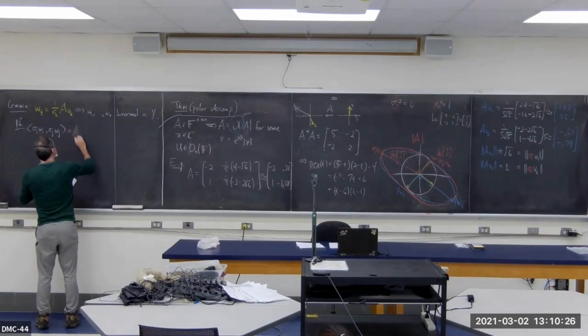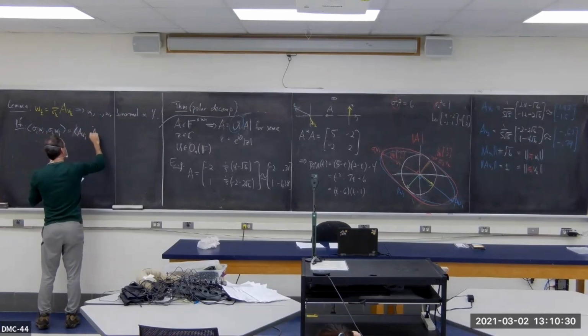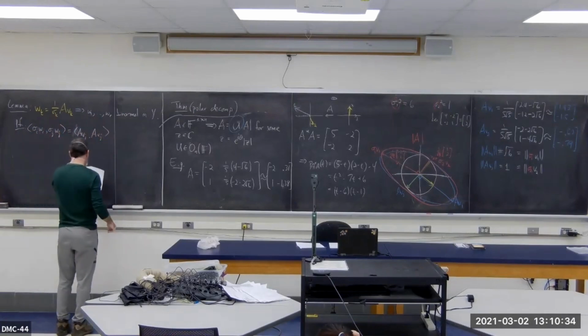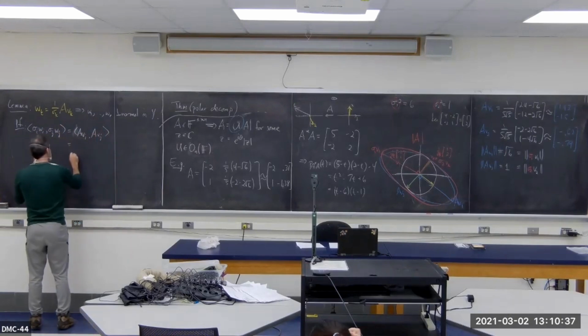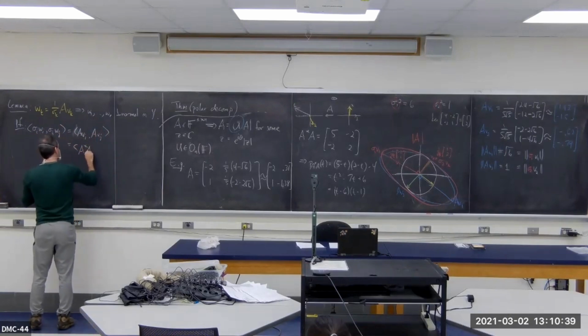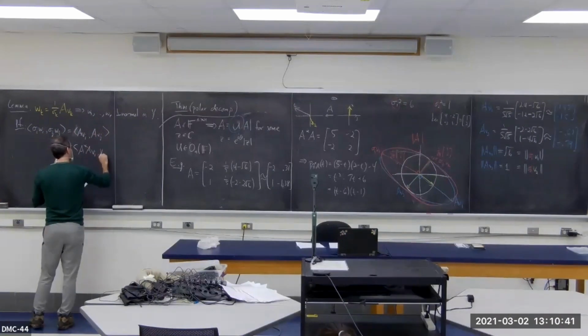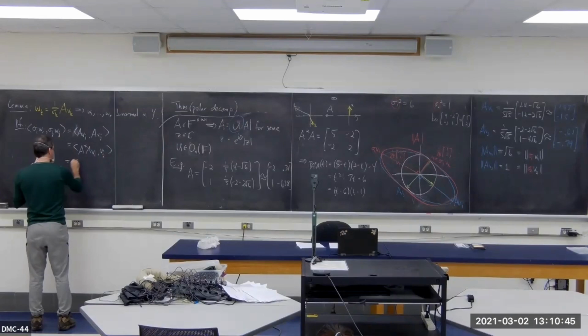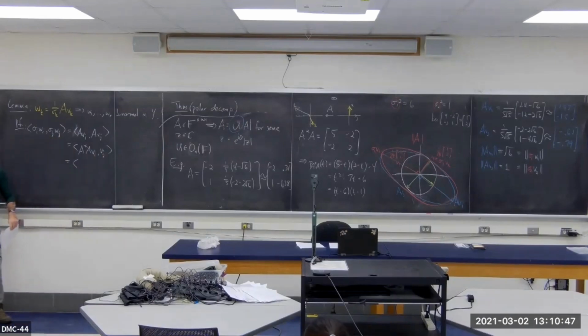Okay, but what is it actually? It's A v_i paired with A v_j. This is just by definition. And what's that? That's going to be A star A v_i, v_j. And that is, remember what the v's are. We fixed an orthonormal basis for the modulus of A. That's what the v's were.